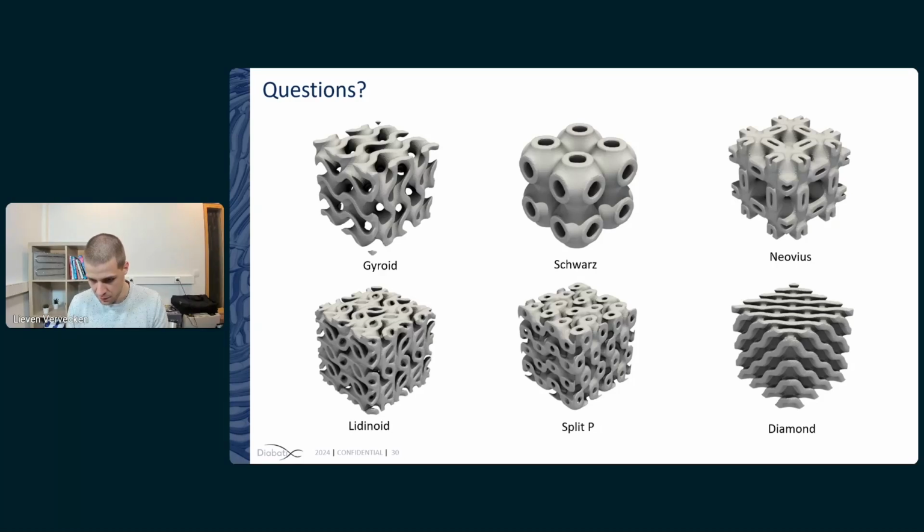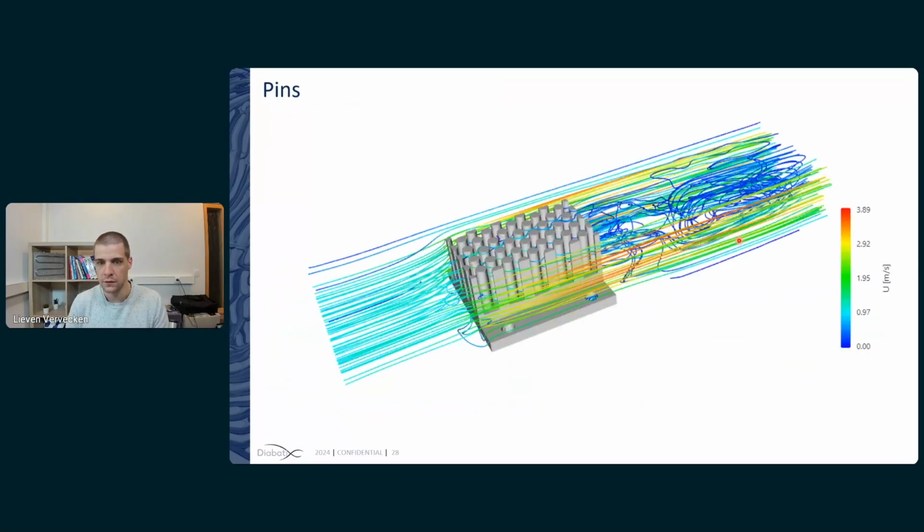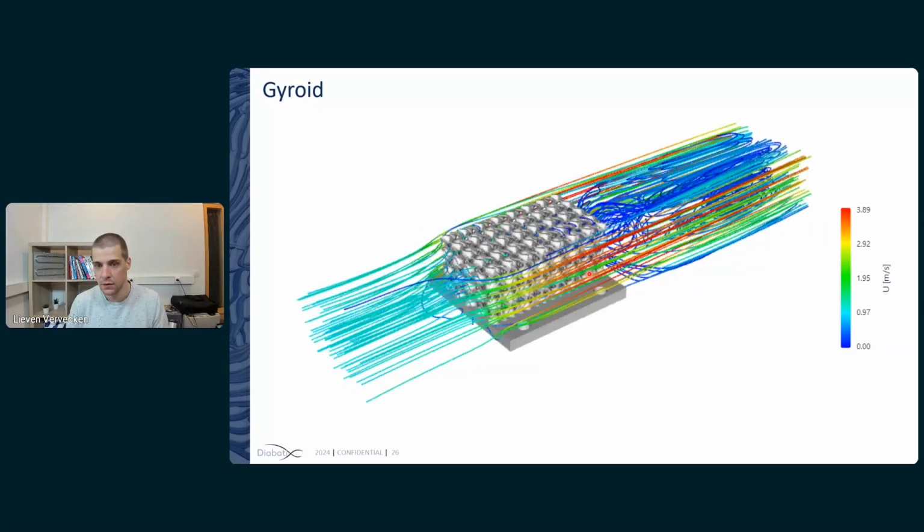Then a question from Reza. You ask why the last test case that I shared was not enclosed. You mean why we allowed these bypasses around the design domain? Is that what you mean? Okay, simply because of how it should be fastened.